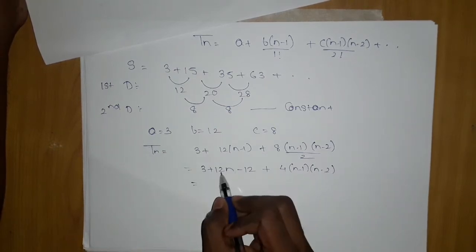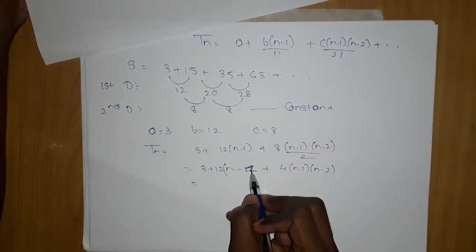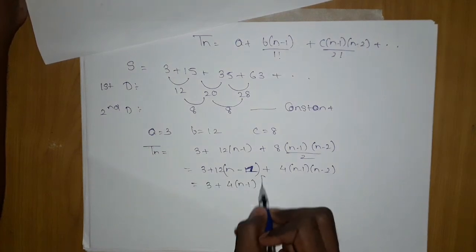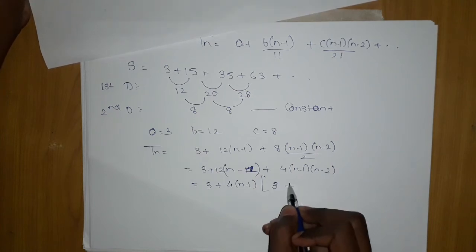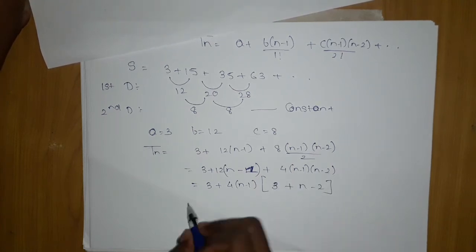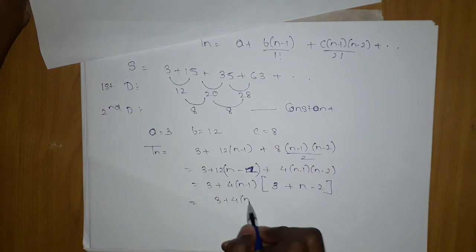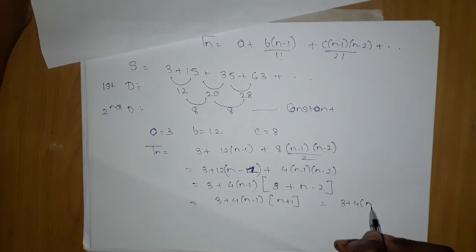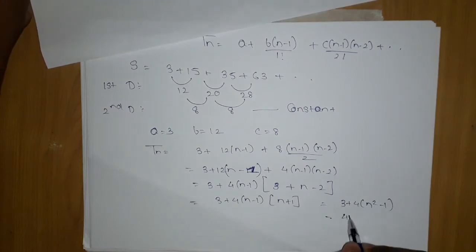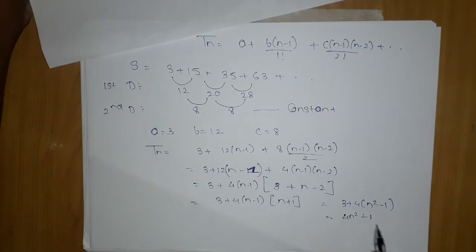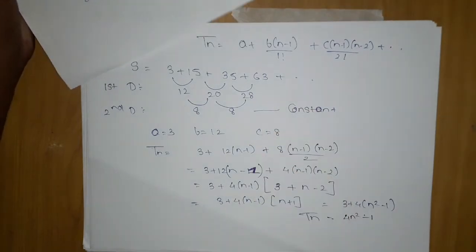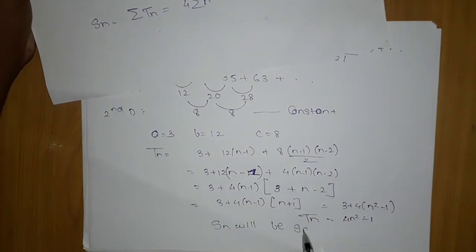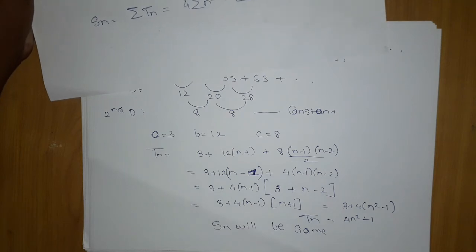Let's take 4(n minus 1) common, then you have 3 plus (n minus 2), which gives you 3 plus 4(n minus 1)(n plus 1), which leads to 3 plus 4(n square minus 1). Now you can clearly see 4n square minus 1. So this is our Tn, and both are similar, so Sn will be the same. Tn can directly tell you whether the answer is correct or not.